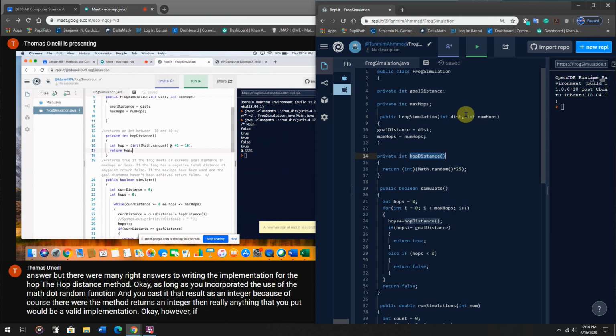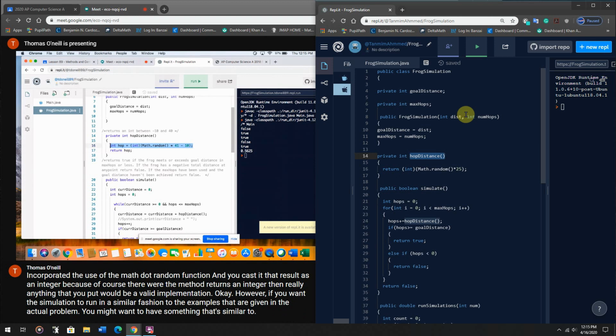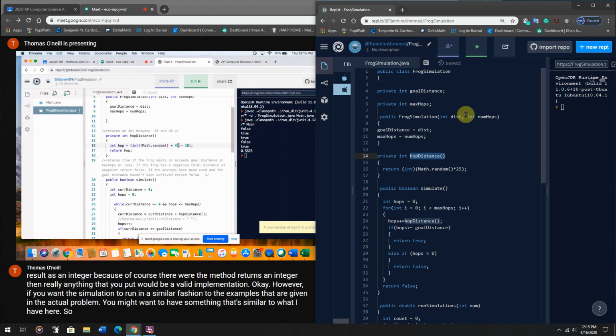However, if you want the simulation to run in a similar fashion to the examples that are given in the actual problem, you might want to have something that's similar to what I have here. So either 41 or 31, something in that range. And we can stick with 41 for now.